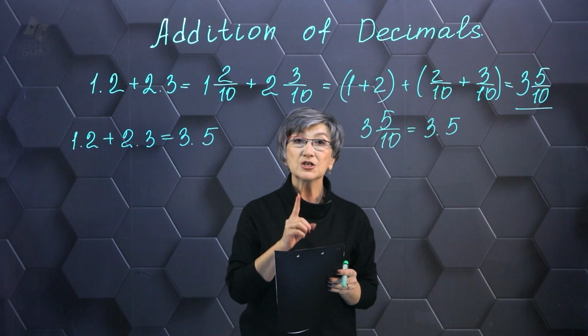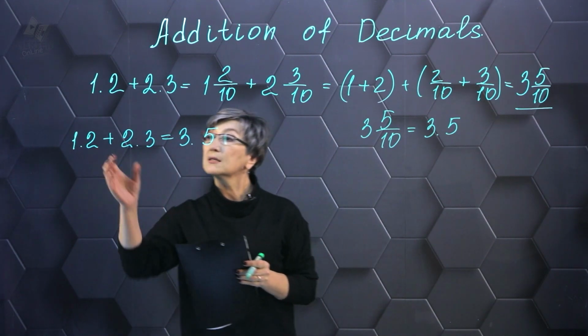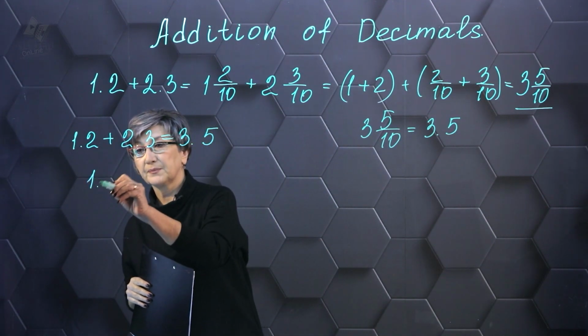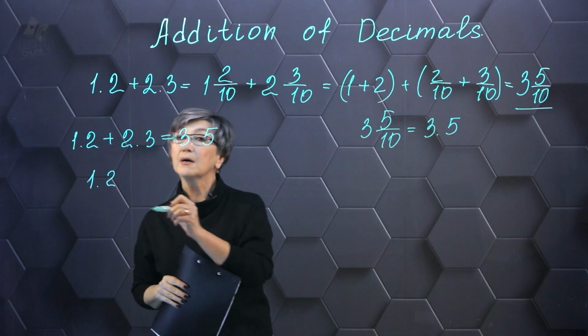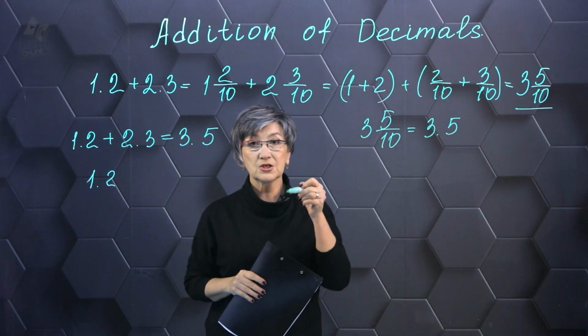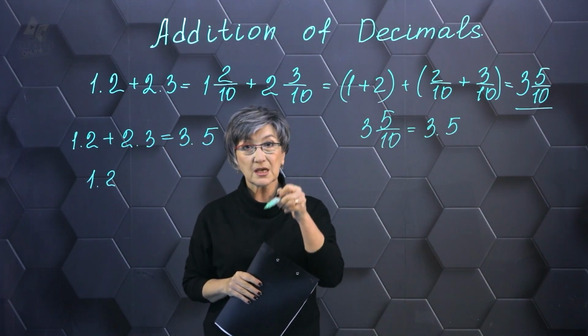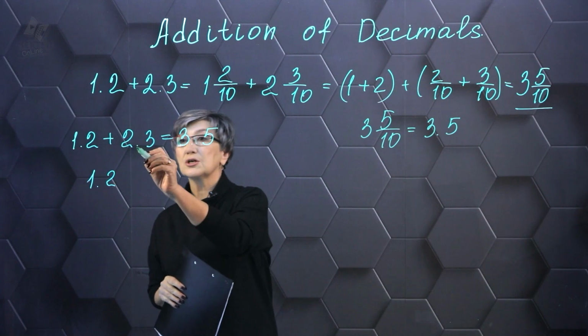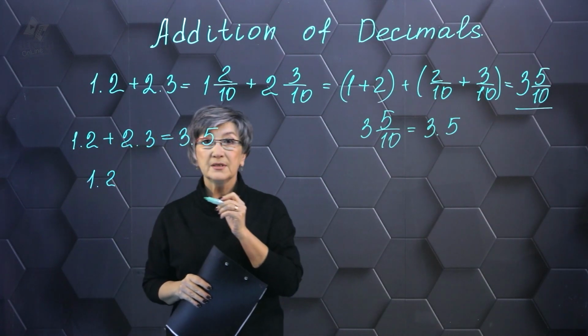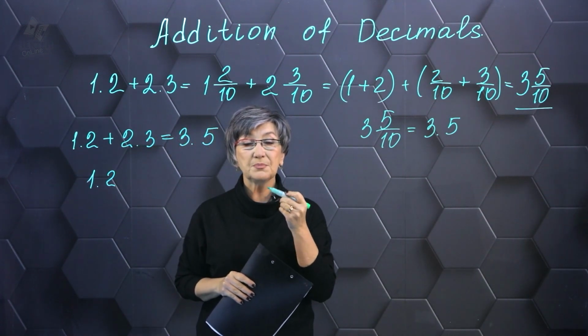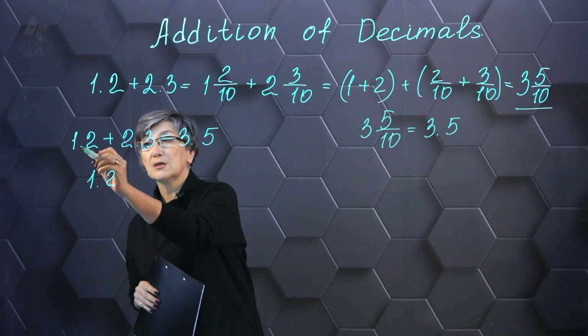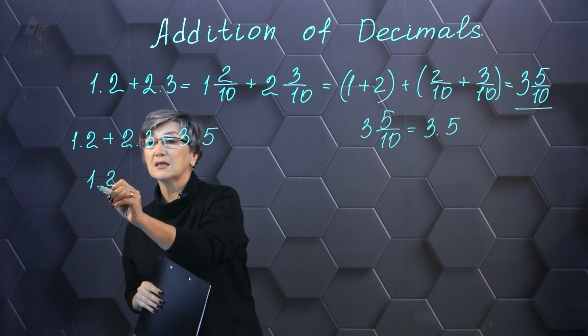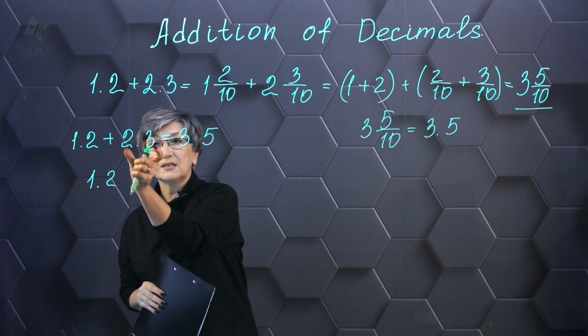Well, to do that, it's important to remember that when adding two numbers together, the whole part of each number should be written directly under the corresponding whole part. The same goes for the fractional part, with the decimal point written directly under the other decimal point.